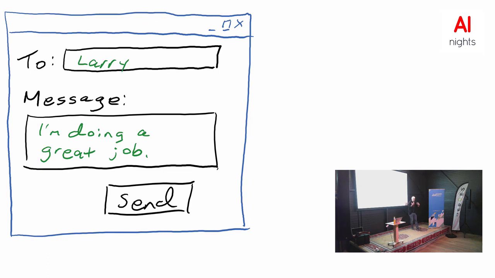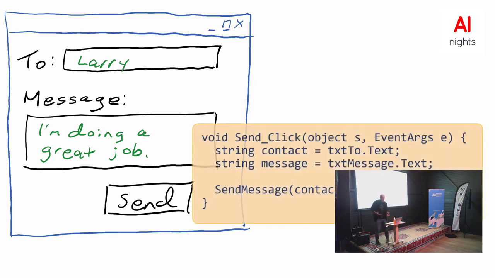I'm giving them a couple of different text boxes. They type the information in there. I hopefully have some level of validation on it. And then they click on, in this case, send. And then we go ahead and act accordingly.